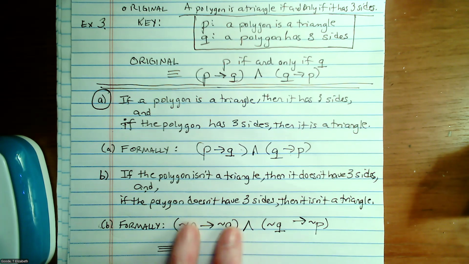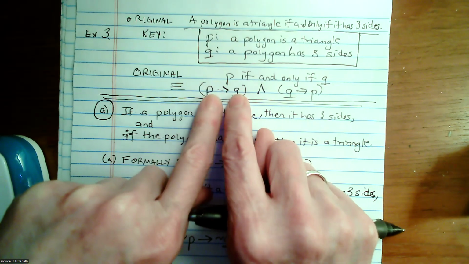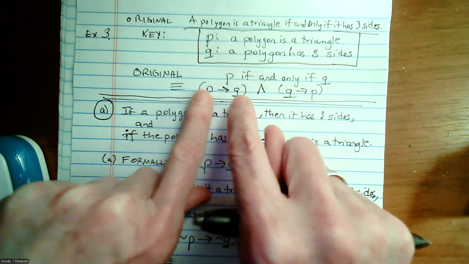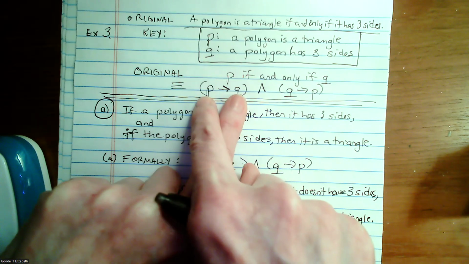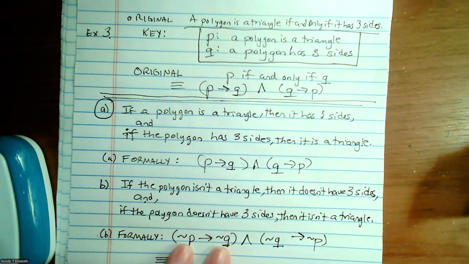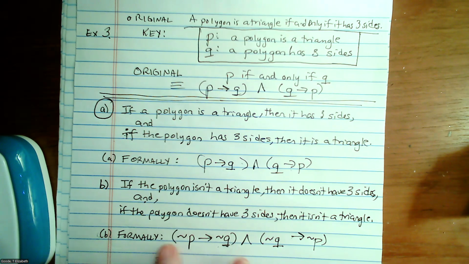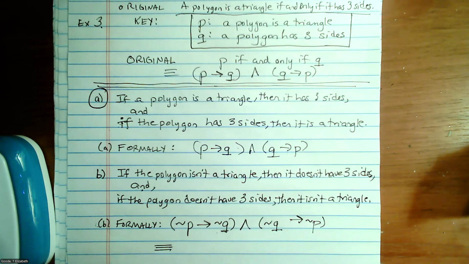Because remember the procedure to get from P implies Q to its contrapositive: you switch the P and Q and you negate them both. Well, to get to the contrapositive of this expression, you switch these two components and you negate them both. But when you negate them, it flips them back to just regular Q and regular P. Can you repeat that?